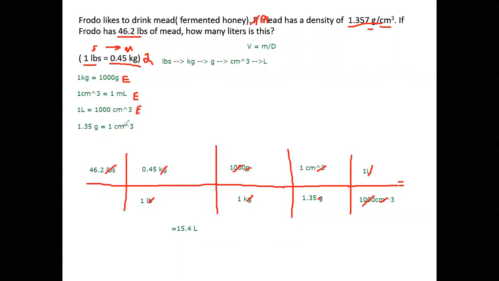And 1.35 grams equals 1 centimeter cubed has 3. And 46.2 pounds has 3. So our answer should have 2 significant figures, so we should round this to 15 liters. So that's how many liters Frodo has of this fermented honey drink.